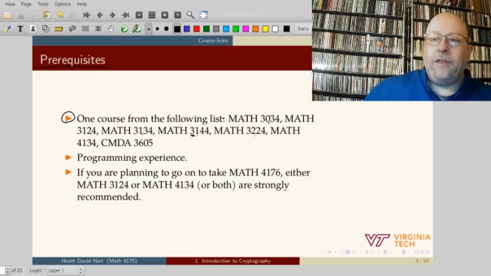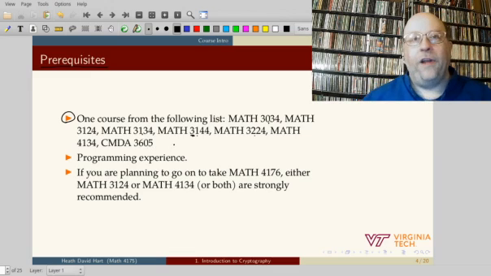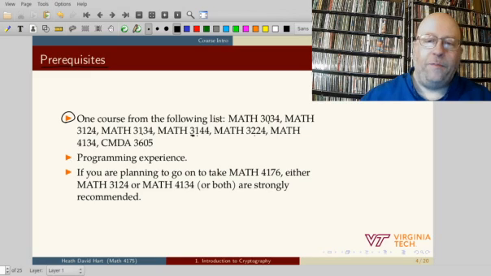Not that the content of these courses are necessarily relevant, but the experience of having been through a rigorous proofs style course and not just a problem solving course is what we're looking for here. You should also have some kind of programming experience. I'll talk about this on the next slide.